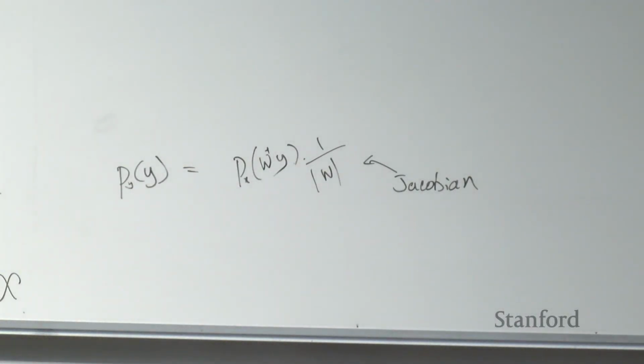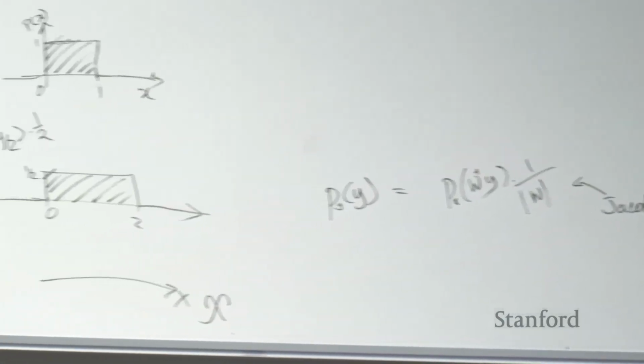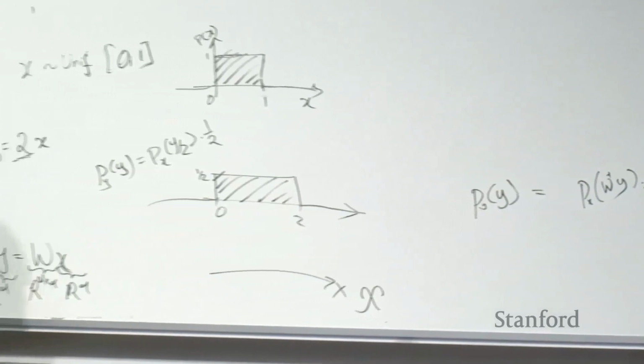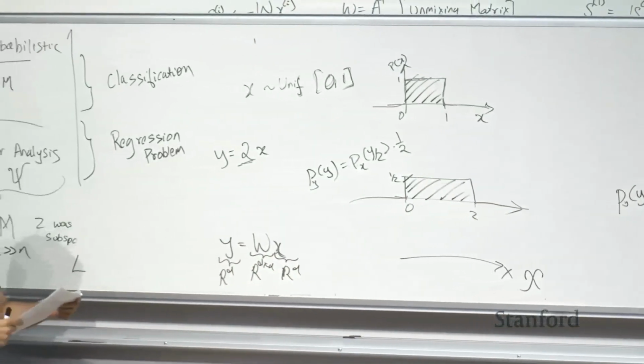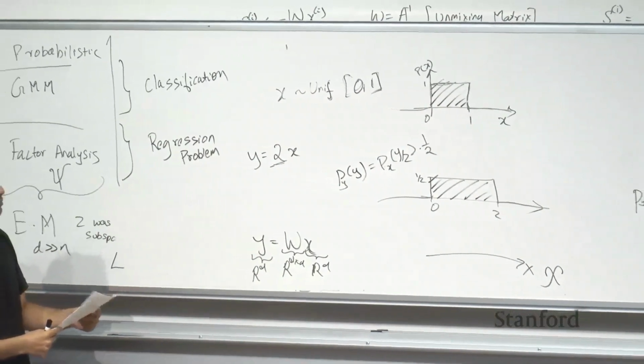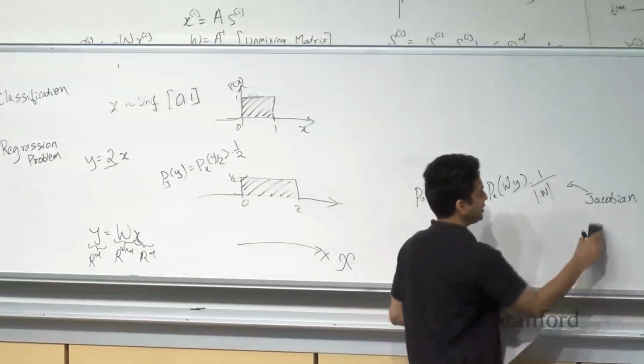Right. So whenever we transform a variable, some linear transform, the density will get this extra determinant factor. With these pieces, in fact, we are ready to finish ICA.